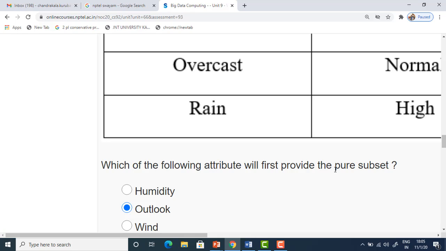Meaning they are asking for the root node of this tree. For this problem, I'm using a decision tree algorithm, specifically the ID3 algorithm, to find out the root node. So I'll be showing how to solve this problem.